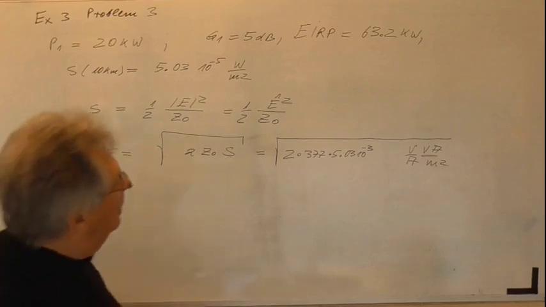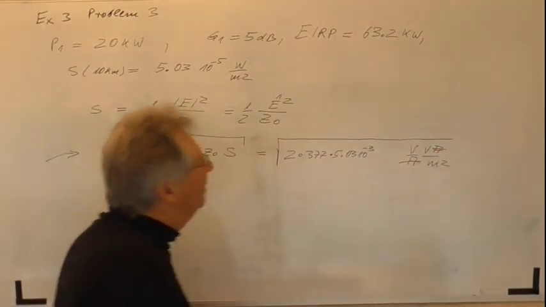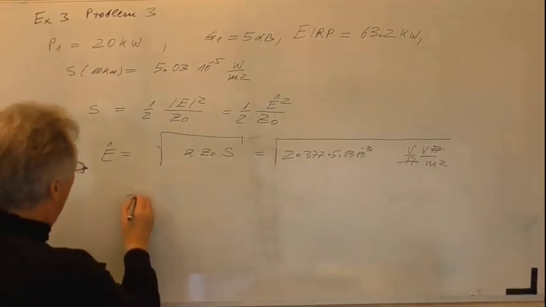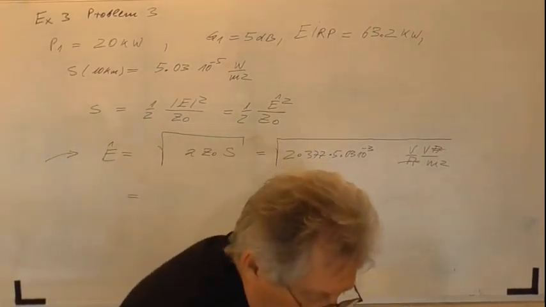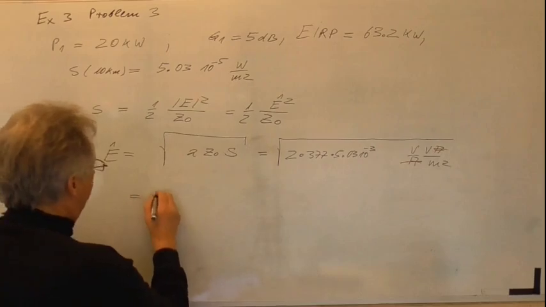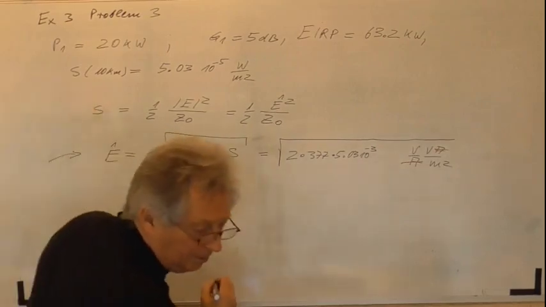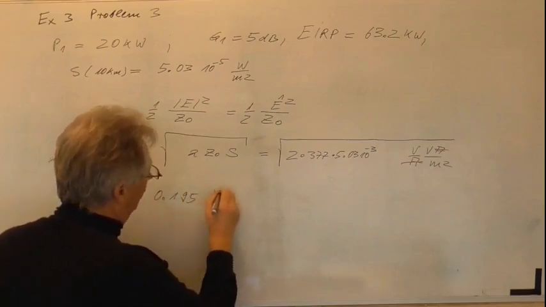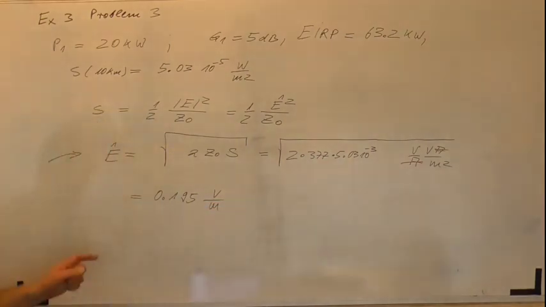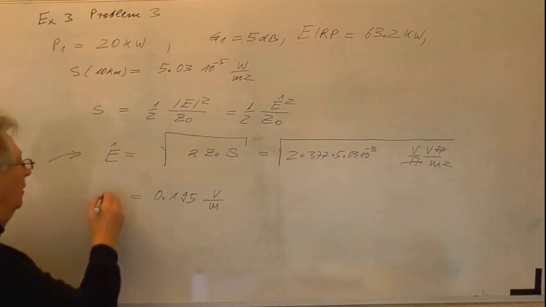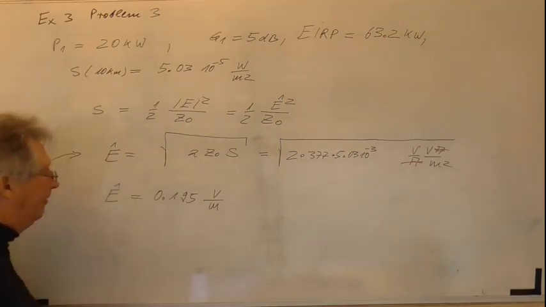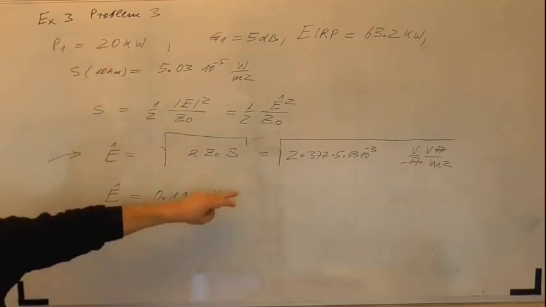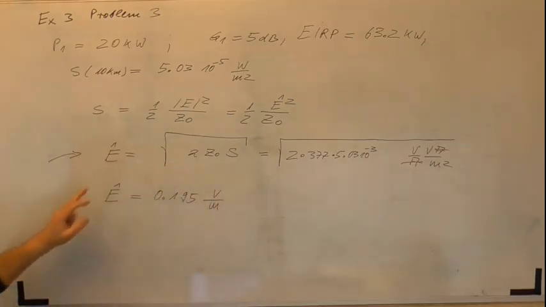And of course you see the ampere will cancel, and we will get as a result volt over meter after taking the square root, and the value will be 0.195 volt over meter. So this will be the electric field of the power radiated at a distance of 10 kilometers. We will have this field strength.